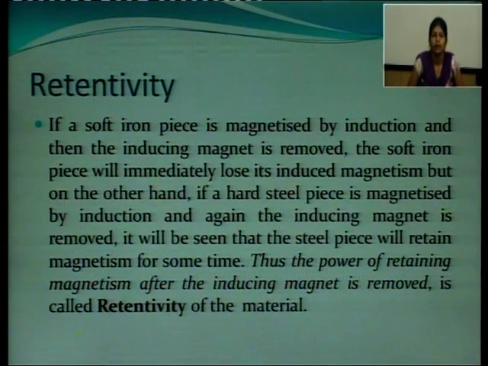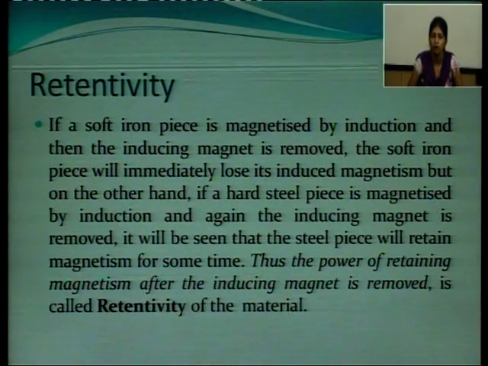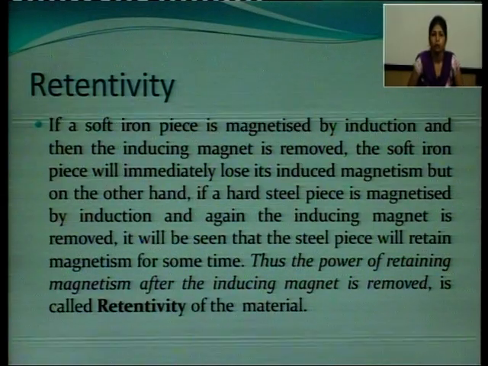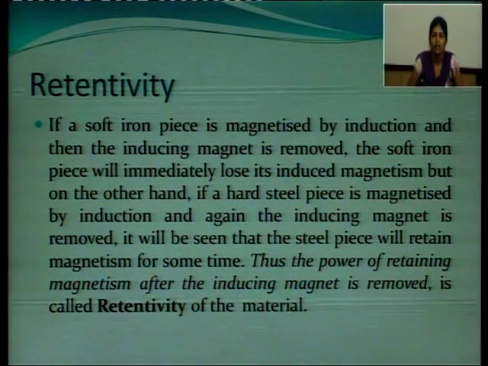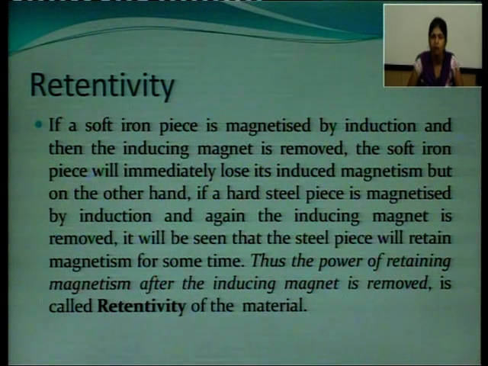Now next is retentivity. If a soft iron piece is magnetized by induction and then the inducing magnet is removed, the soft iron piece will immediately lose its induced magnetism. But on the other hand, if a hard steel piece is magnetized by induction and again the inducing magnet is removed, it will be seen that the steel piece will retain magnetism for some time.